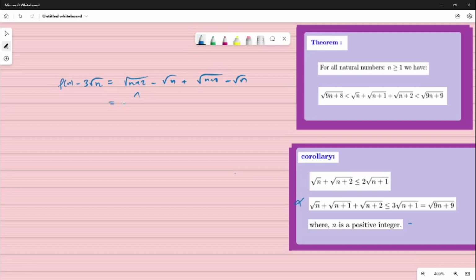This equals 2 divided by square root of n plus square root of n plus 2, plus 1 over square root of n plus 1 plus square root of n.